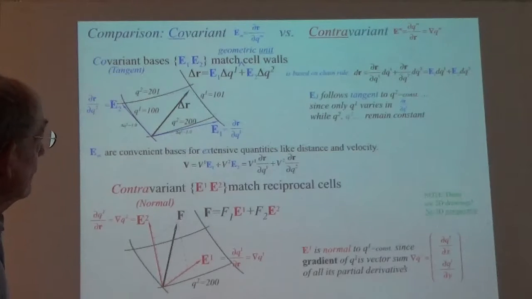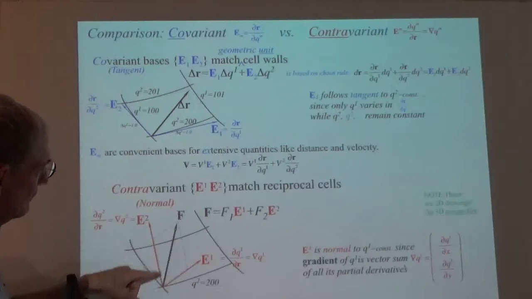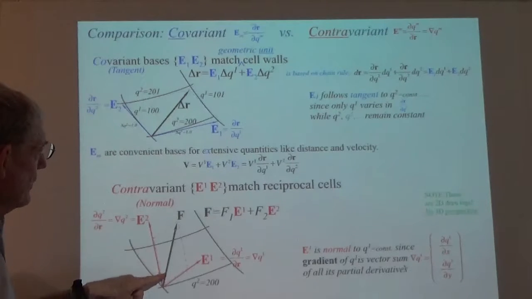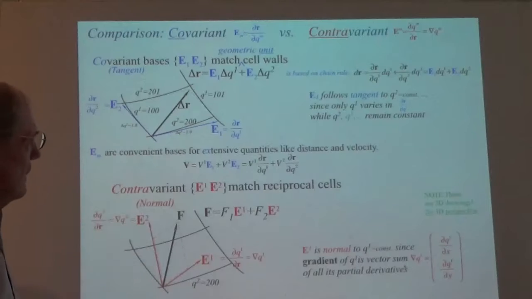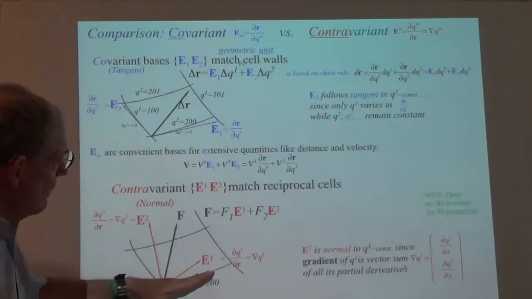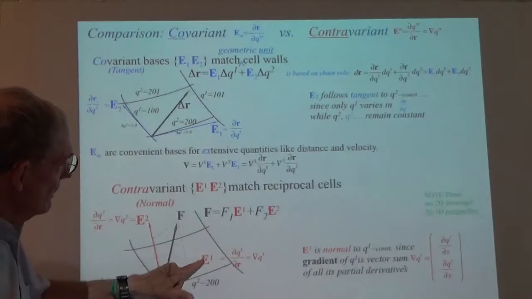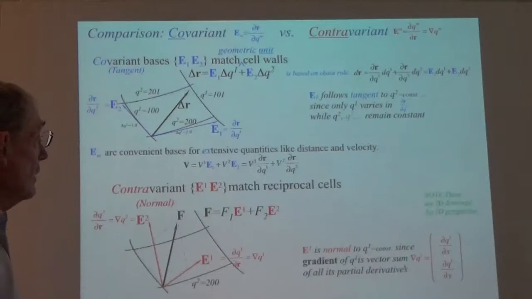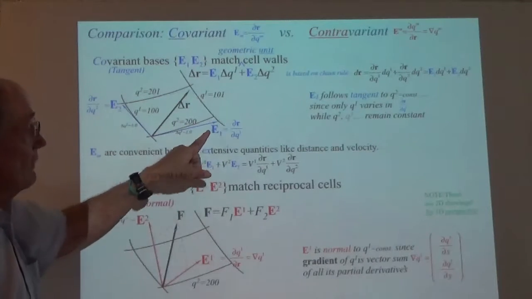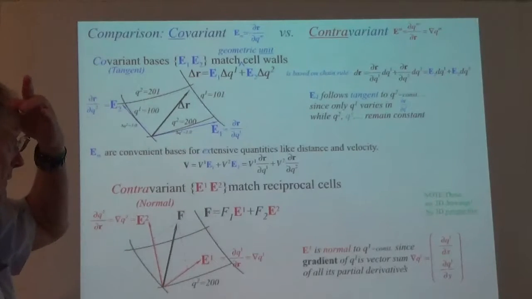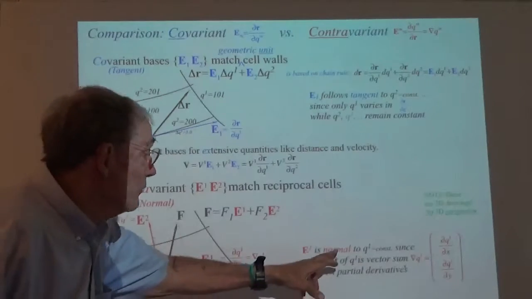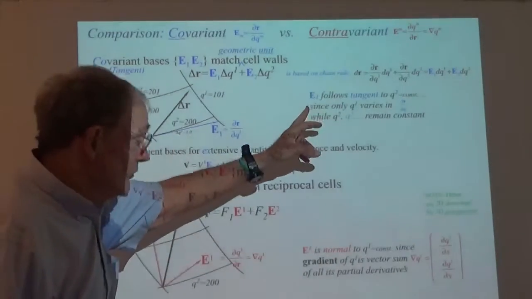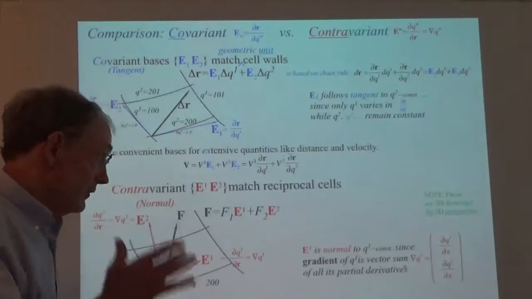What's kind of weird here is this guy's kind of looking like it wants to be something associated with Q1. It's not. It's reading off of Q2. And this one right here, this is the one that's associated with Q1. The variation of Q1 would be right on top of this as the orthogonal. Okay, so the normal space, tangent space, big distinction.